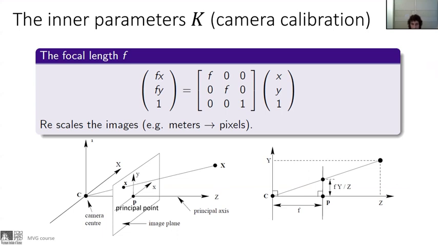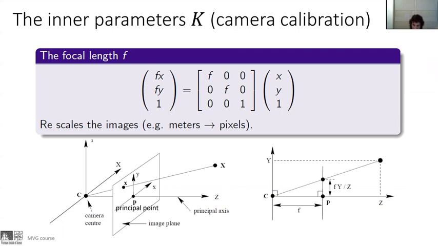And actually, if you remember from the first slides of the lecture, the focal length of the camera is like saying that the image plane is located at Z equal to F, like what you see here. Actually, it should be written here, Z equal to F. And this is the way that you can move from Z equal to 1 to Z equal to F.